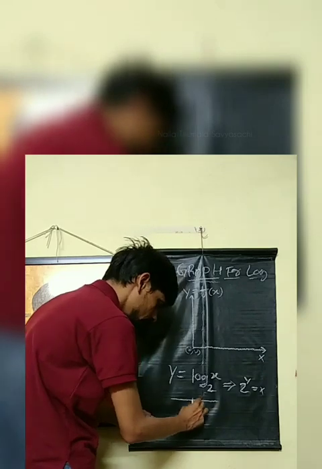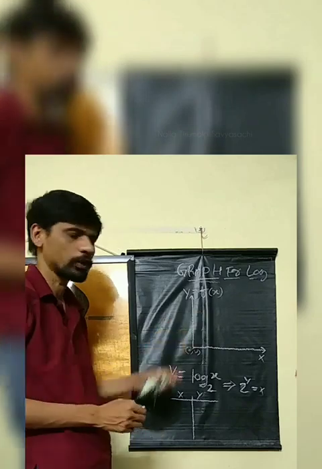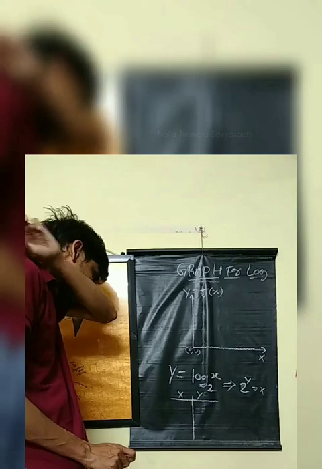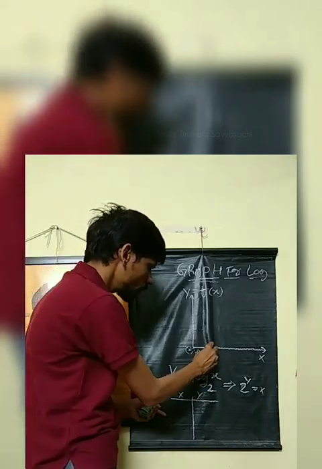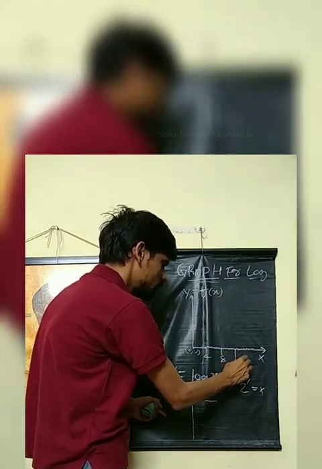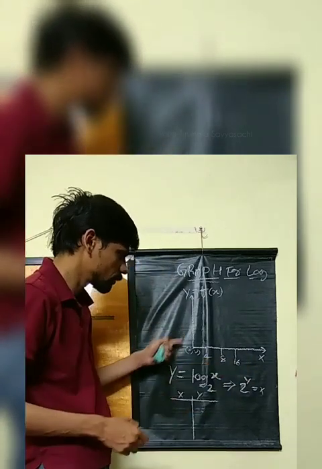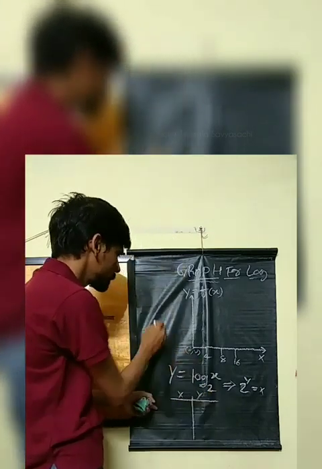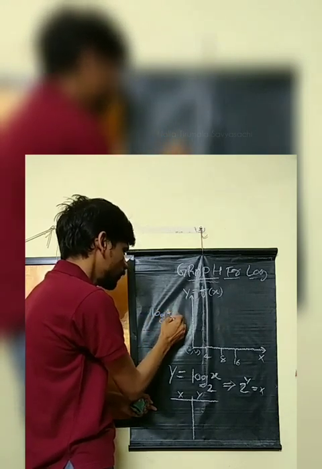Now we will calculate the values of x and y so that we can plot them here. Let's imagine our inputs are 4, 8, 16. Then what will be our y? For log base 2 of 4, what is the value?